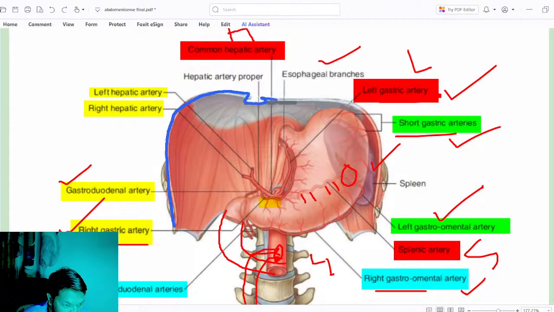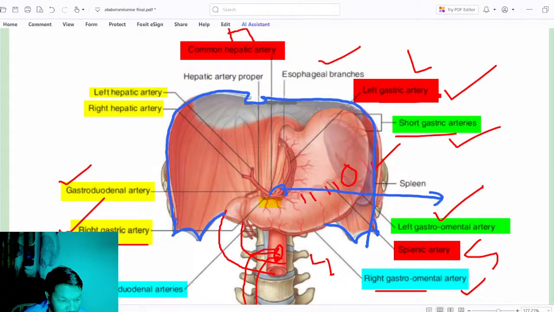How many openings do we have in the diaphragm? T12 opening is for the descending thoracic aorta. At which level does it pierce the diaphragm? T12.